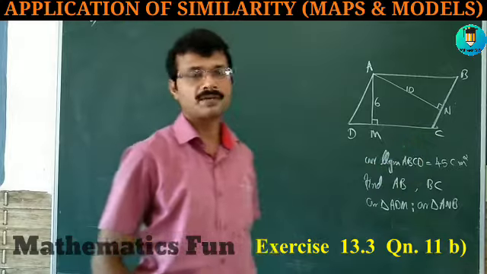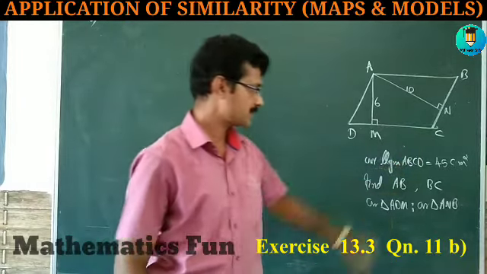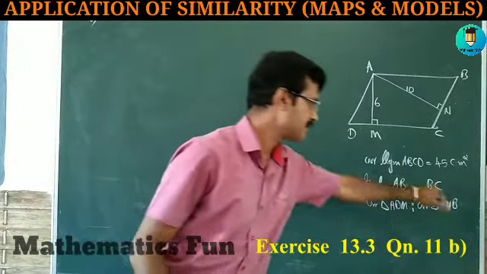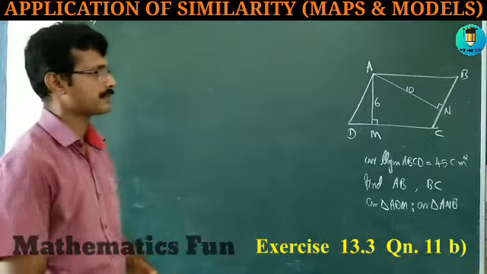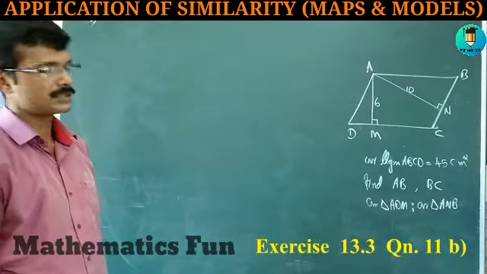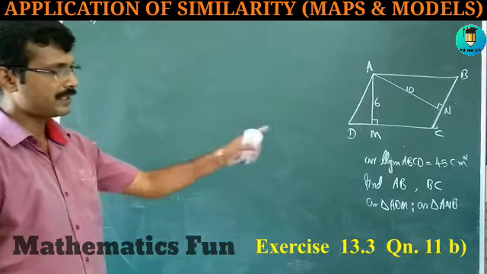Two altitudes are given and the area is also given. You have to find these three parts. That's the question.